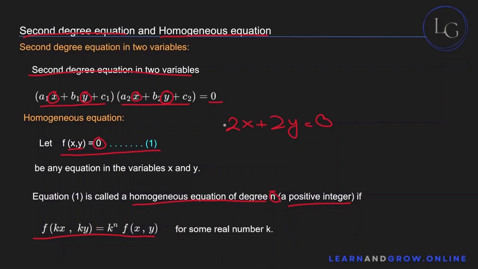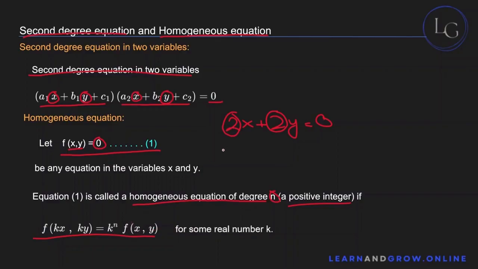So say you have f of kx and ky, k being a constant, and basically in this case you have 2 as that constant. Then you can apply the function of x y and take the k outside.